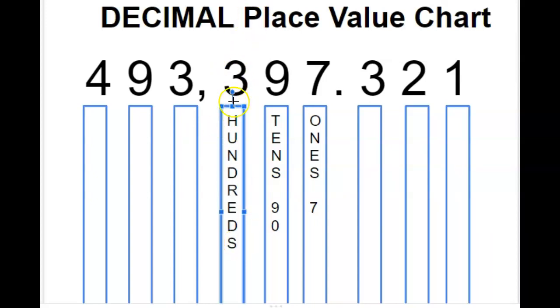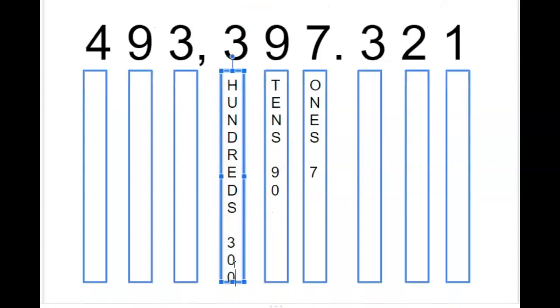Notice that because it's a whole number, there's no TH, because we put a TH when we're doing the decimals. The value of the 3, or 300, we will write as 300.